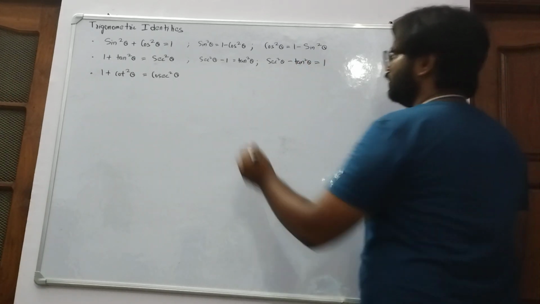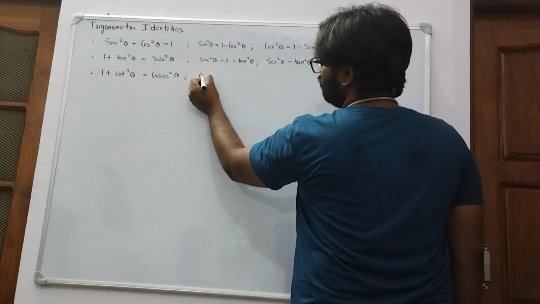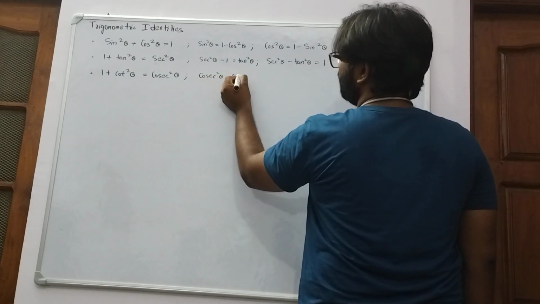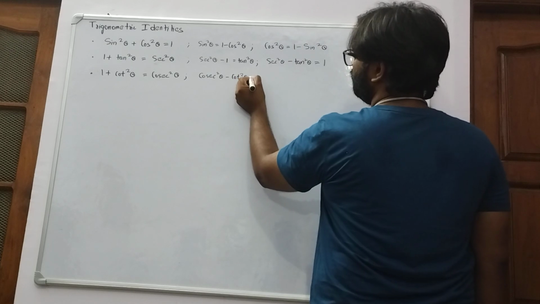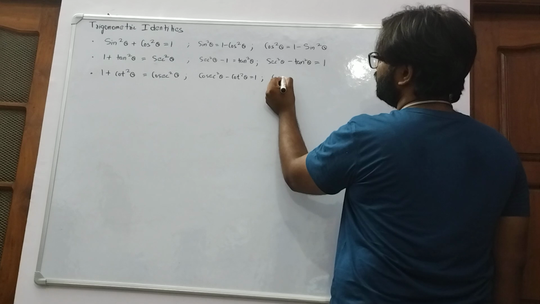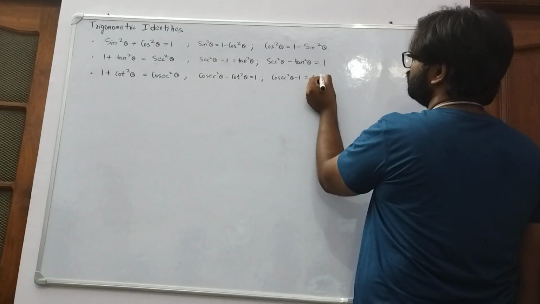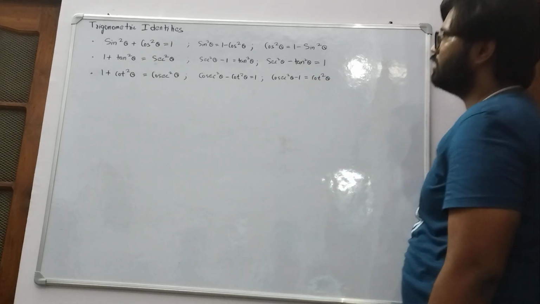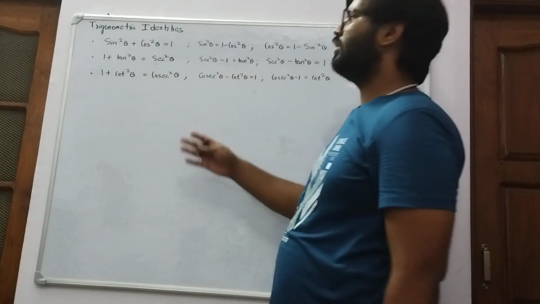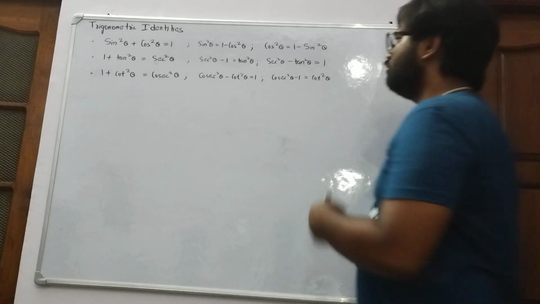The third identity can also be written as cosec square theta minus cot square theta equals 1, or cosec square theta minus 1 is equal to cot square theta. These are the basic formulas which we used to study in class 9th or 10th when trigonometry was introduced to us.